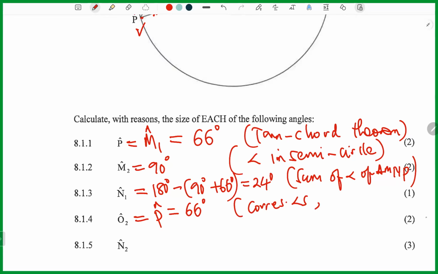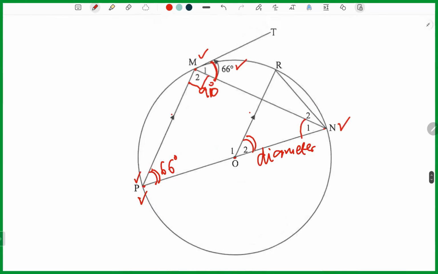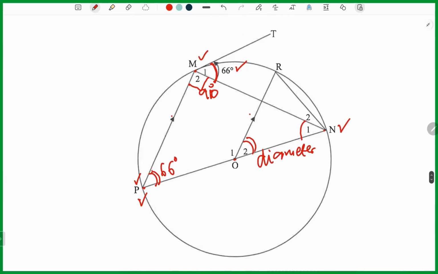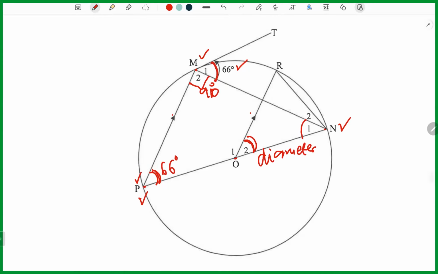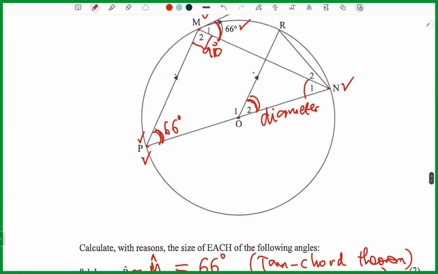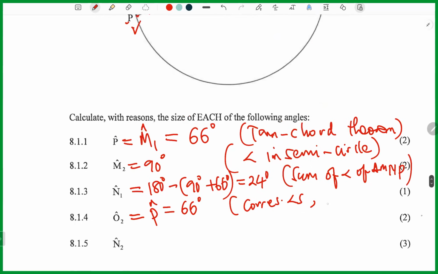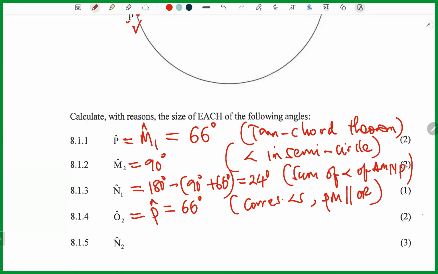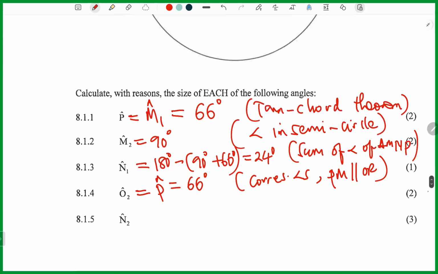Corresponding angles occur when there are parallel lines. What lines are parallel that are making the angles O2 and P? The lines are PM and OR. PM parallel to OR. So we did that one.